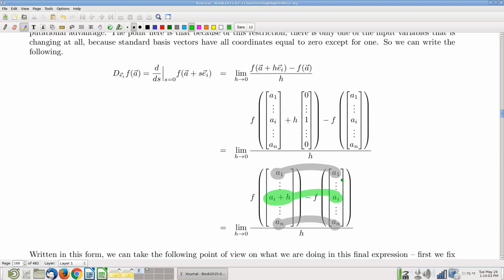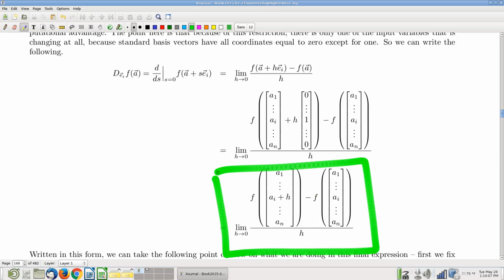Okay, why is that convenient? By the way, notice this expression. That's a Calc 1 single variable derivative: the limit of the new value of f minus the old value of f over h. This is straight out of Calc 1.